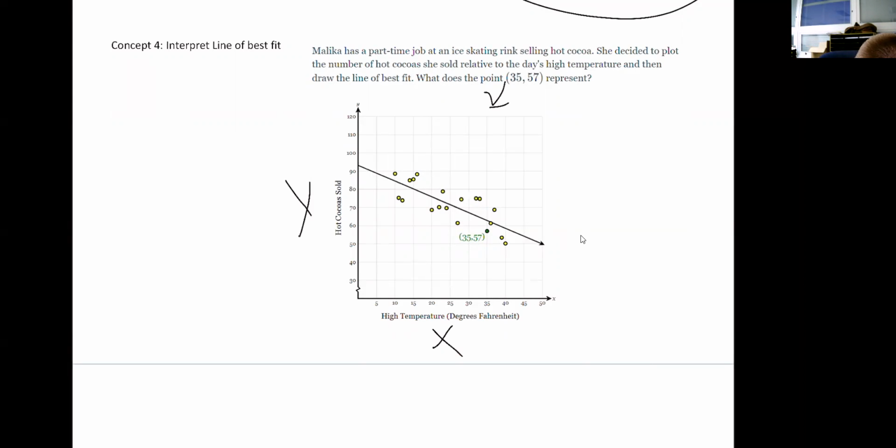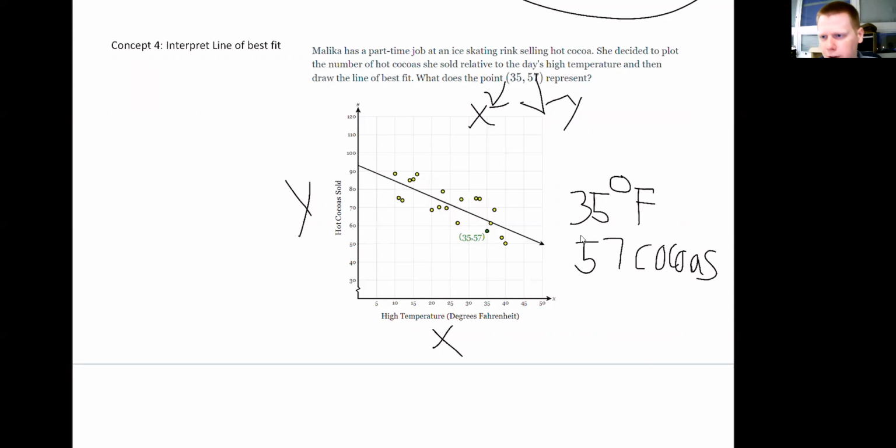Remember, that's your X value and that's your Y value. So X is temperature. So it's saying at 35 degrees Fahrenheit, and Y is the number of cocoa sold. So what this is saying is, at 35 degrees Fahrenheit, you would expect, or you did sell, 57 hot cocoas.